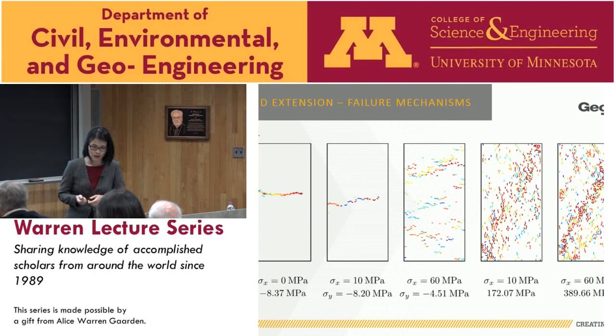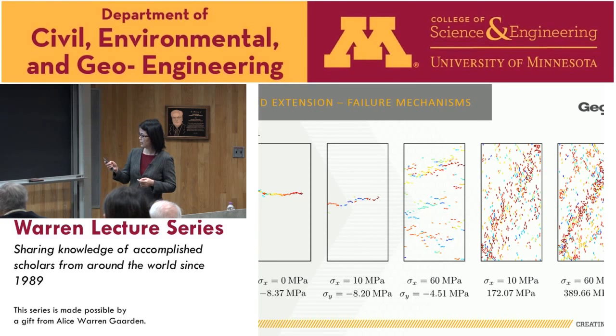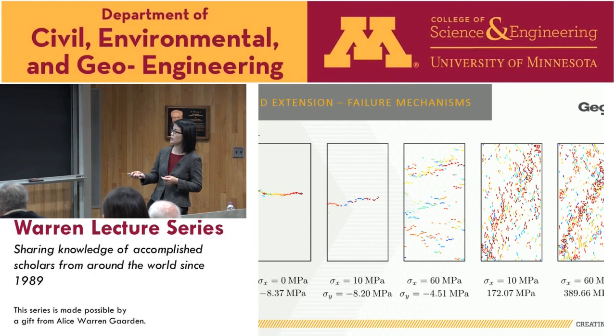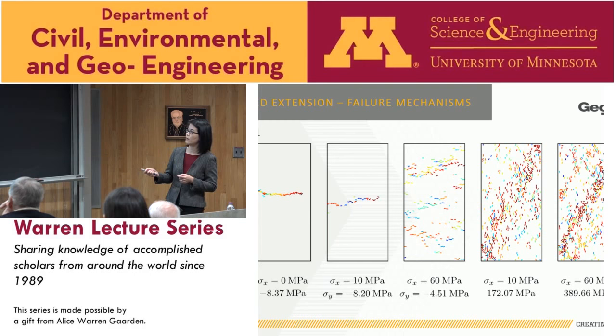It's also interesting to see how the failure evolves from a single mode 1 crack to a shear band, all the way from uniaxial tension to confined extension to triaxial compression. What it shows is that the mechanism of transition from a mode 1 crack to a shear band is through the development of en echelon cracks. In uniaxial tension, they are very localized.